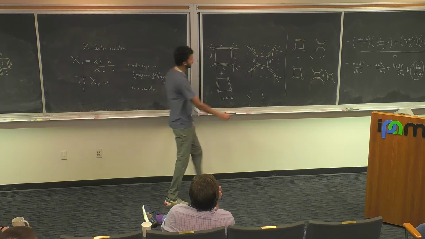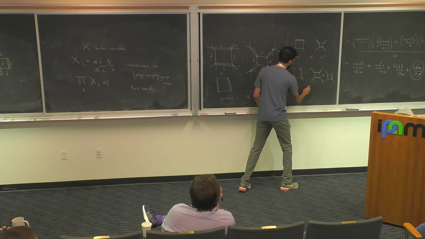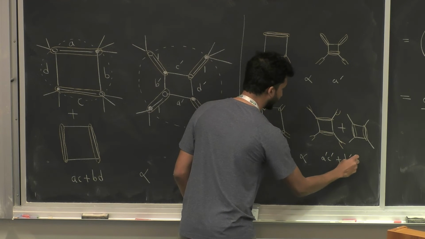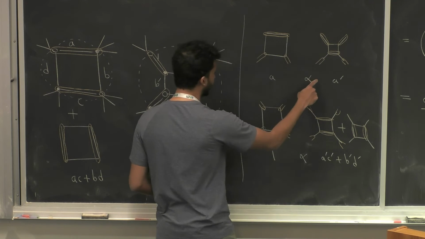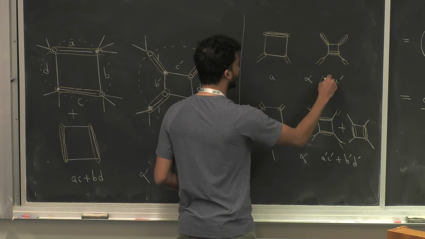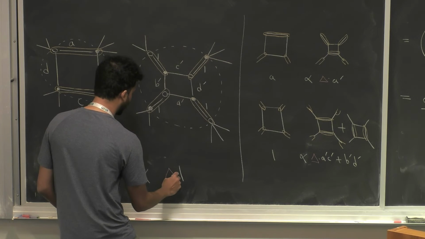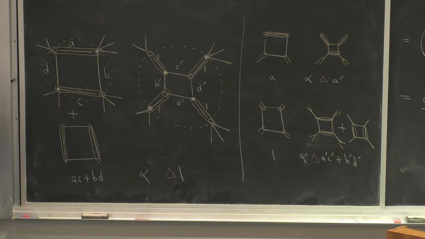And you want the weight of this guy to be proportional to the weight of these guys. So the weight of this guy is 1, and you want it to be proportional to A prime C prime plus B prime D prime. And you want the same constant of proportionality in each of these. So some constant is what these are changing by as you do this move.